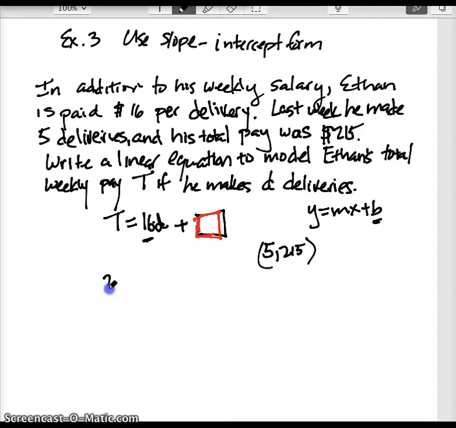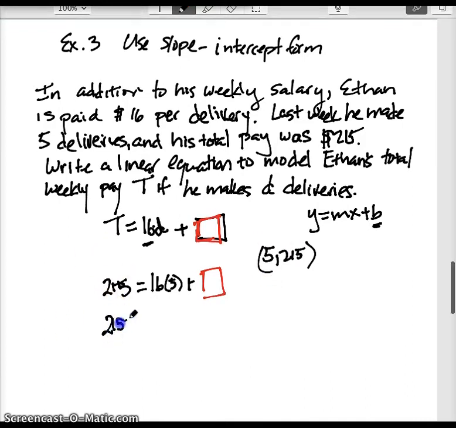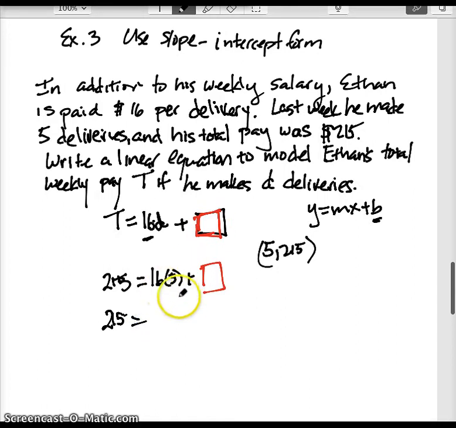All right, so I'm going to plug in the values that I have and see if I can solve. T is $215 according to this point, and D is 5 according to this point as well. What we need to do is figure out what this is. Well, we have all the information we need. So we've got 215 is equal to 16 times 5, 80, plus this mysterious amount that we're looking for. We'll solve this the way we know how.